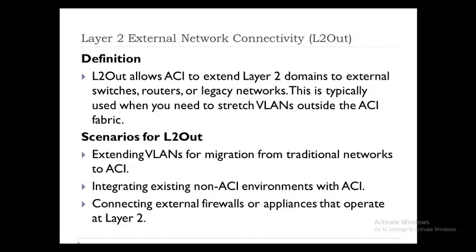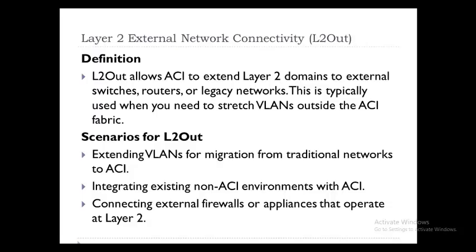Basically, a broadcast domain is getting extended. It's not within the ACI boundary. It goes outside of the ACI fabric, stretches outside. It can be a single VLAN or multiple VLANs. This is typically used when we need to stretch VLANs, meaning trunk, outside the ACI fabric.